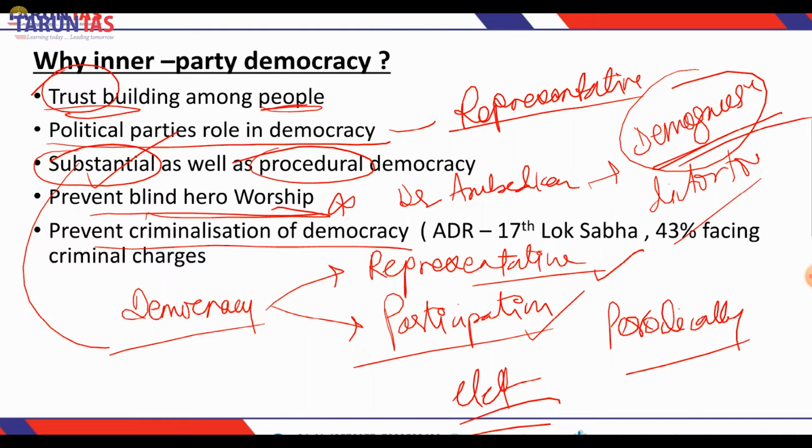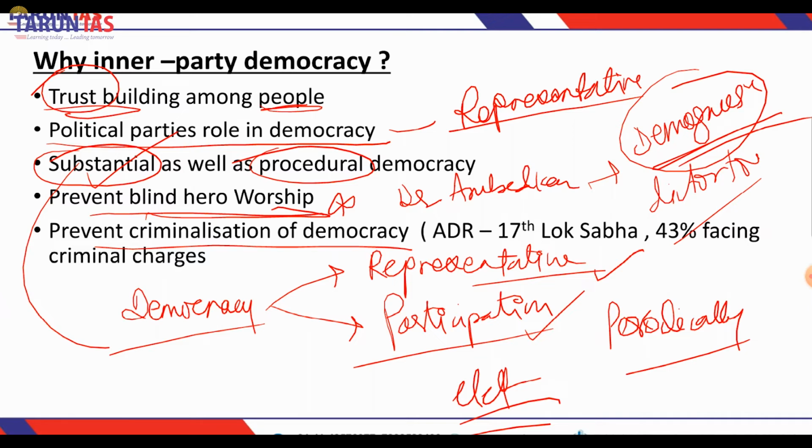All right. Now, according to the ADR report, which is the Association for Democratic Reforms, the 17th Lok Sabha has in fact surpassed the previous Lok Sabha's record, with 43% of its members facing criminal charges.